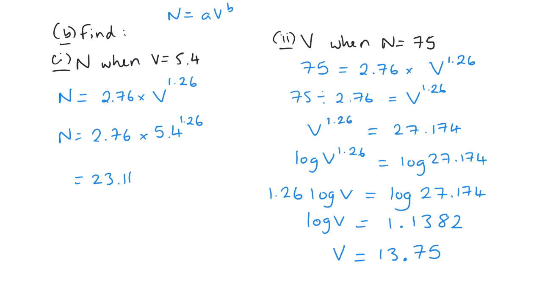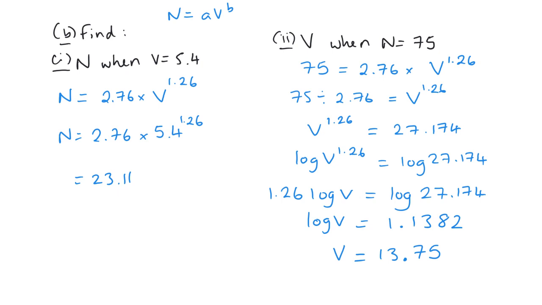Now sometimes they'll ask things like why might there be an issue with this part 2 of B? And the reason is because n is 75, and if we go back and look at our table, our values of n are between 13.38 and 61.87.